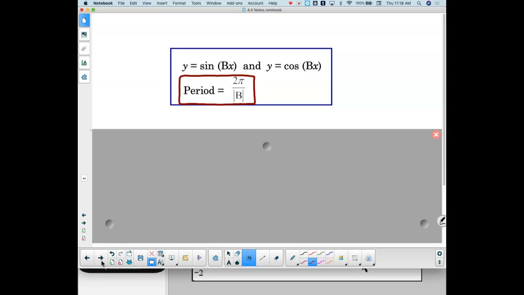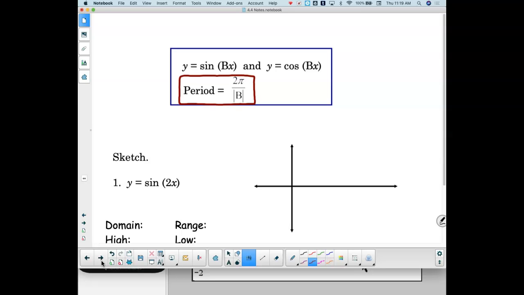When you were doing these on the calculator, you took the b value and divided 2 pi by it, which got you the period. That's why I knew 2 pi over 3 was the period of the one we were having issues with. The next one was pi over 2, and the next one was 10 pi, because we divided those out. Memorize, memorize, memorize.